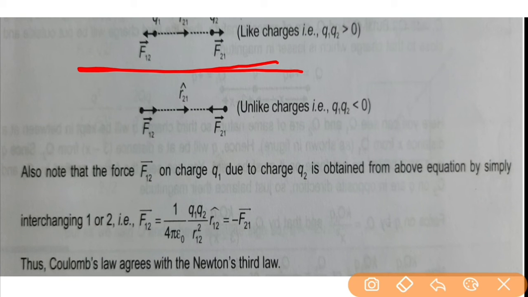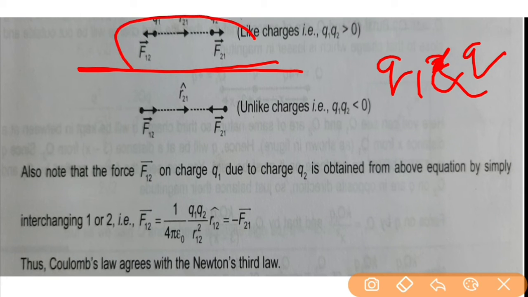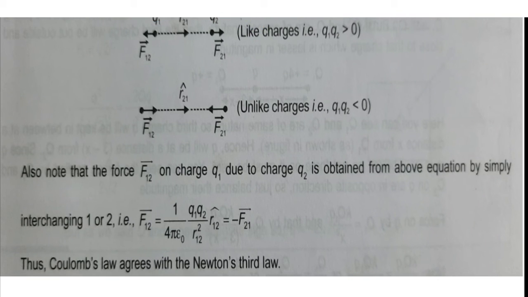If Q1 and Q2 both are positive, then they repel each other, so the directions of F21 and F12 are different. You can see the direction of F21.